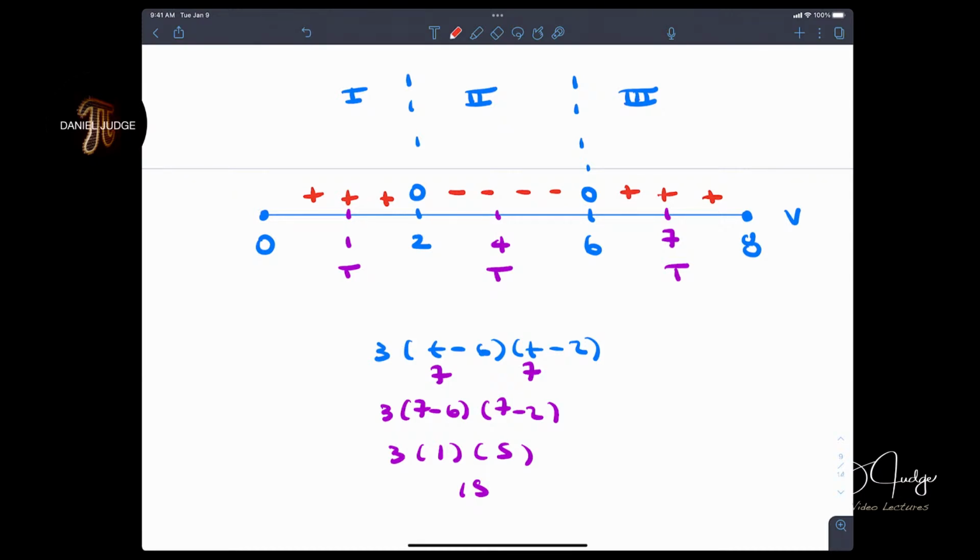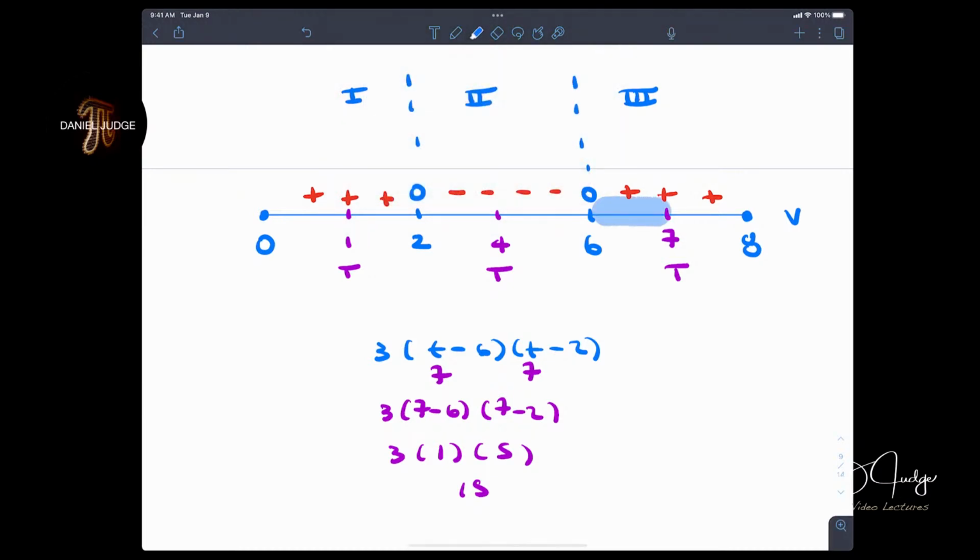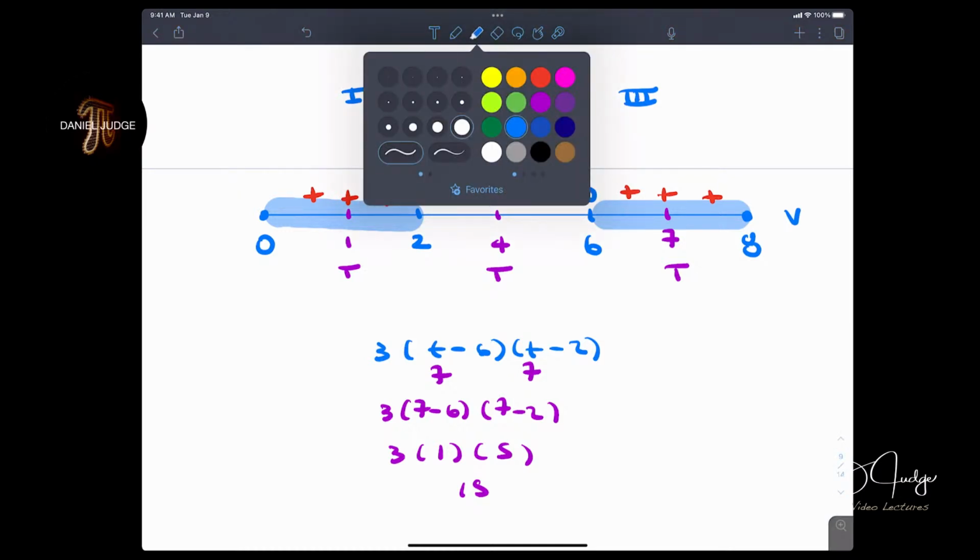All right, now this is where my velocity, ladies and gentlemen, is positive. So notice this. I'm going to shade this region blue here. Okay, positive. And negative here for region 2.